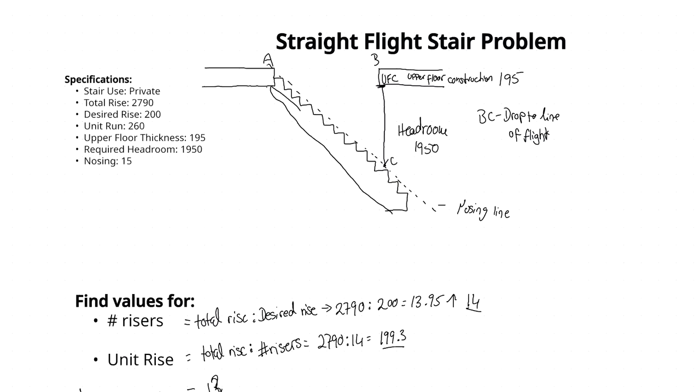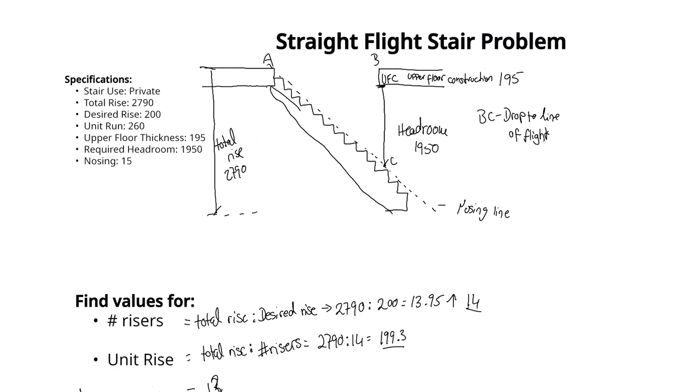And what I didn't draw in earlier, which I could have, is our total rise here of 2790, right? So you just draw yourself a picture and you put in everything you can. Because if you forget what you have to do to figure out various parts, by drawing the picture, you can greatly help yourself. And you might just figure it out.